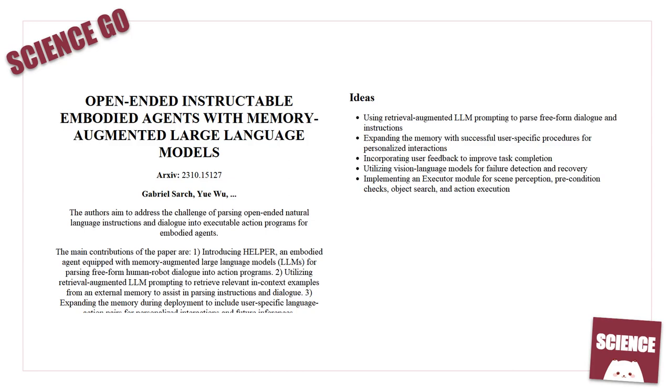Helper also has a memory system that allows it to remember past instructions and use them to improve its performance. And this research is important because it helps us develop robots that can understand and interact with humans more effectively, making them more useful in our daily lives.